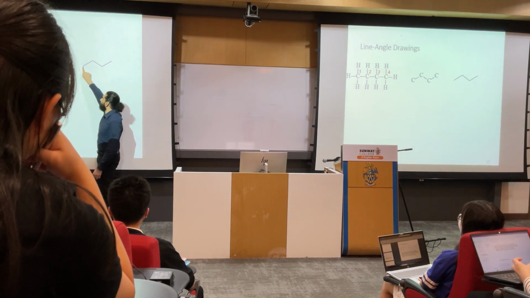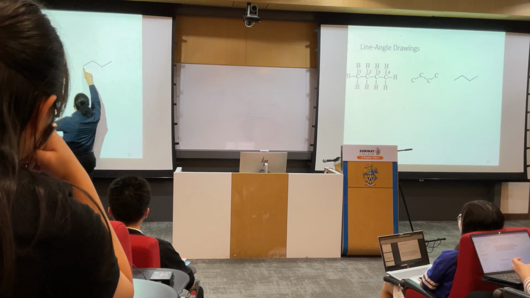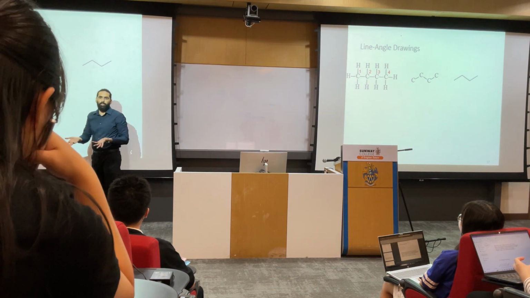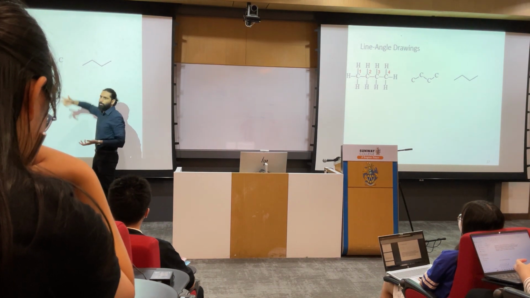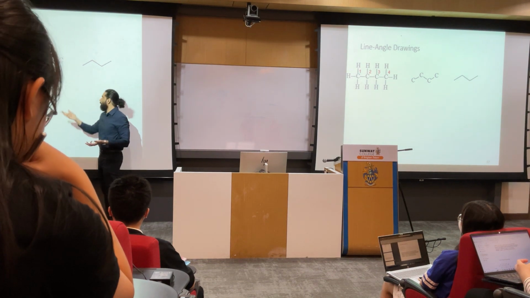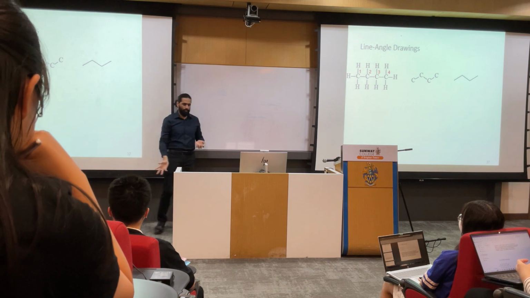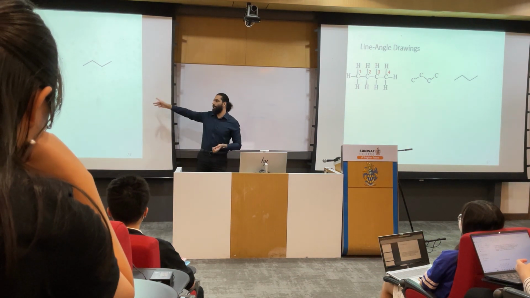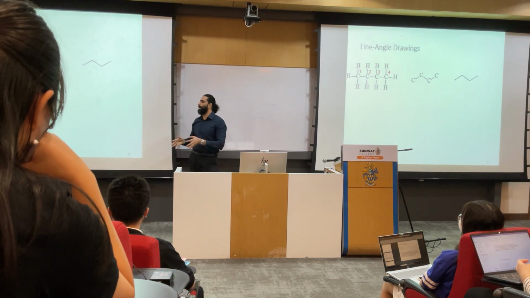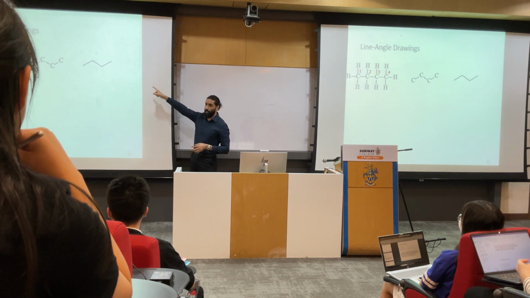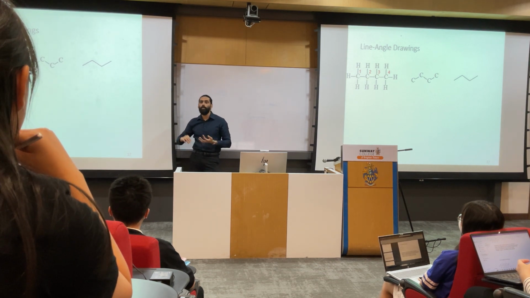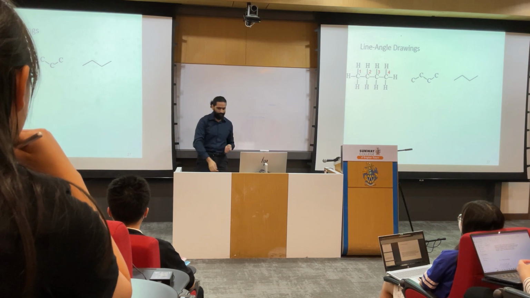So we have this carbon here. The hydrogens: at the corner, it will be 3 hydrogens. In the middle, it will be 2 hydrogens. Right? 2 hydrogens, 3 hydrogens and then carbon. So this is called line angle drawing. A lot of modern organic chemistry texts utilize this to save ink, to save the pain of your wrist, everything.